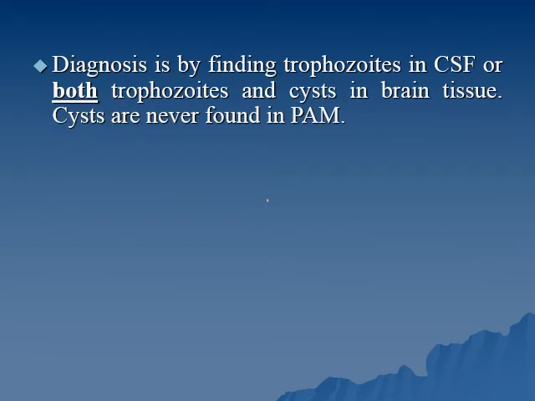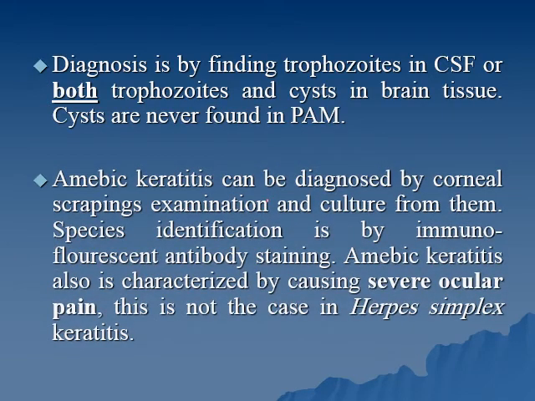Diagnosis occurs by finding trophozoites in the CSF or both trophozoites and cysts in the brain tissue and in the CSF. Cysts are never found in case of primary amoebic meningoencephalitis, where the trophozoites only are present. Amoebic keratitis can be diagnosed by corneal scrapings, examination, and culture from them.